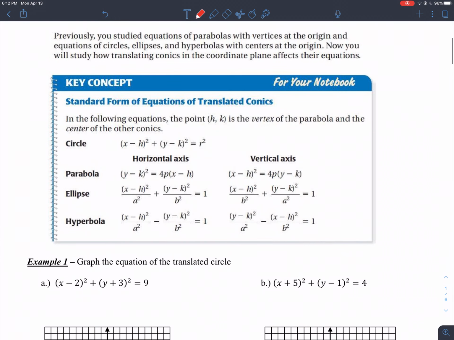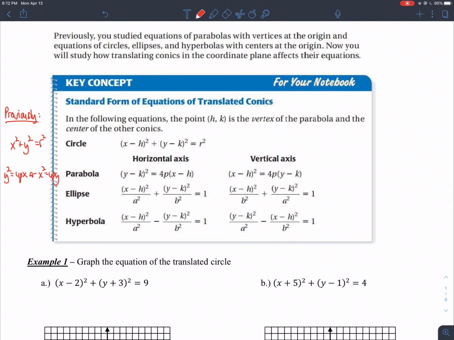Okay, so I suggest you write down for yourself the equations of all the conic sections we've worked with so far. So maybe you can write here "previously," and then write down all the conic sections. So circle for us was x squared plus y squared equals r squared. Parabola for us was two forms, either y squared equals 4px or x squared equals 4py.